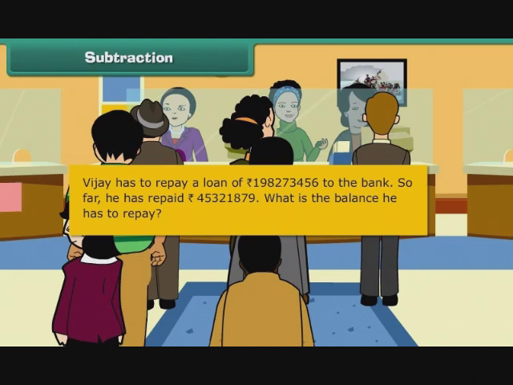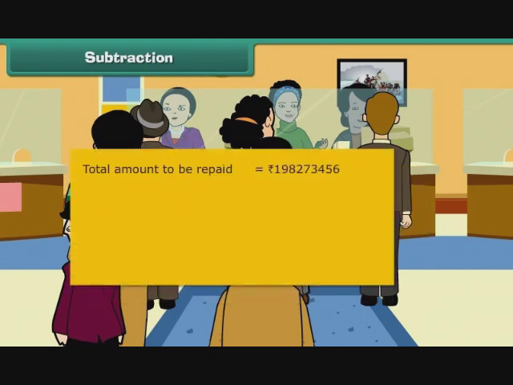Vijay has to repay a loan of Rs 198273456 to the bank. So far, he has repaid Rs 45321879. What is the balance he has to repay? Total amount to be repaid is equal to Rs 198273456.